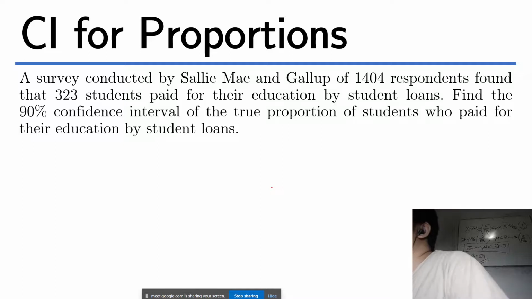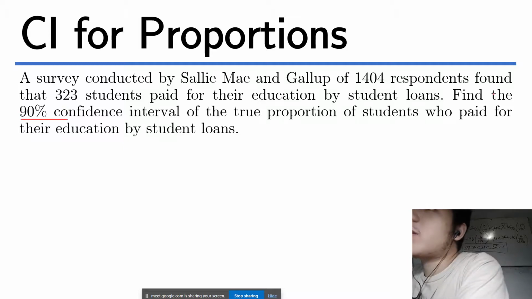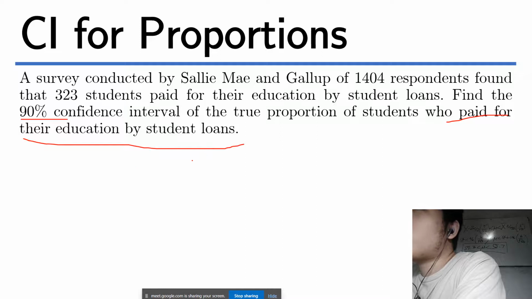Example. Find the 90% confidence interval. Who paid for their education by student loans? So, yung p hat, kasi ang first step is to identify yung p hat and q hat.